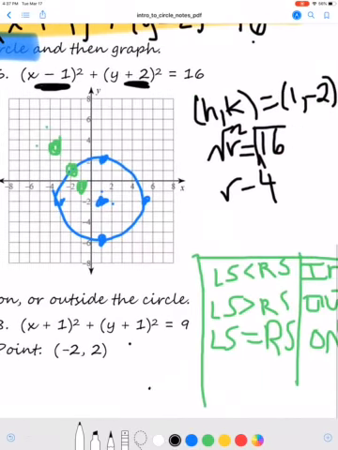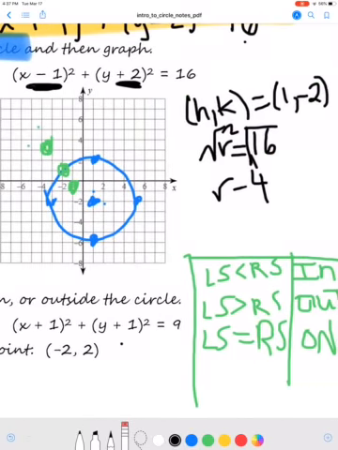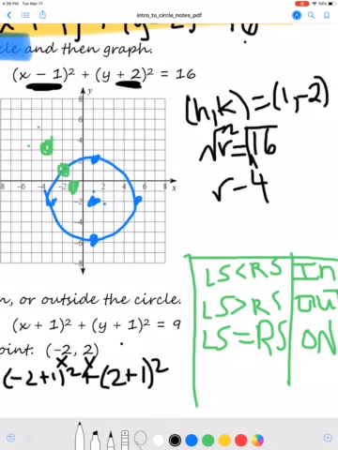Number 8, same deal, but we're going to plug in negative 2 as my x and 2 as my y. So we get negative 2 plus 1 squared plus 2 plus 1 squared, and we're comparing that with 9.